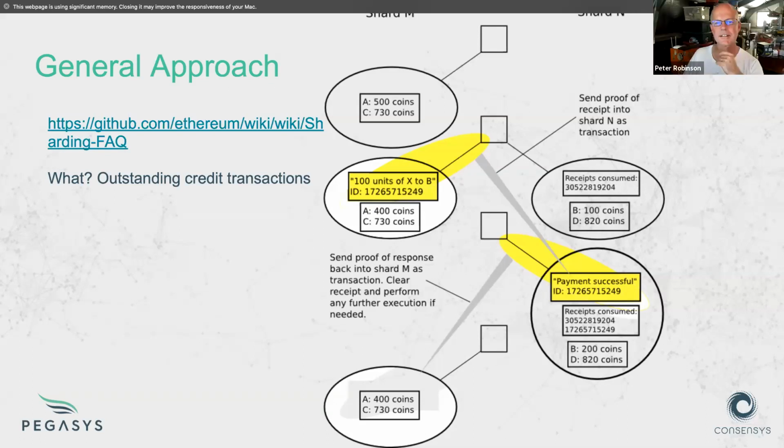Yes. So the same problem happened again. Okay. So the general approach for cross-shard ether transfer, or the asynchronous way of cross-shard ether transfer, is to use receipts. The ether transfer transaction is split into two, a debit transaction and a credit transaction. And the outstanding credit transaction is termed a receipt.